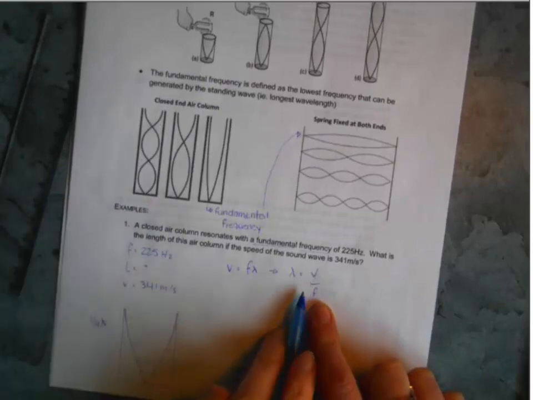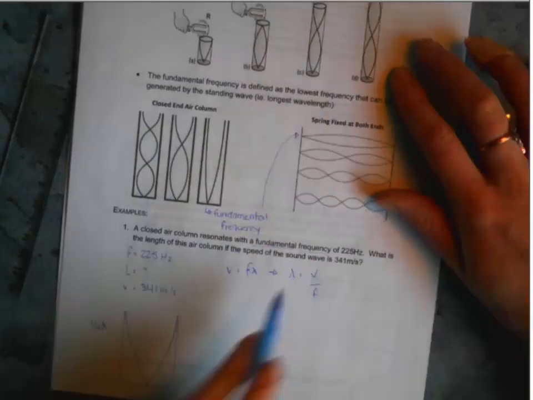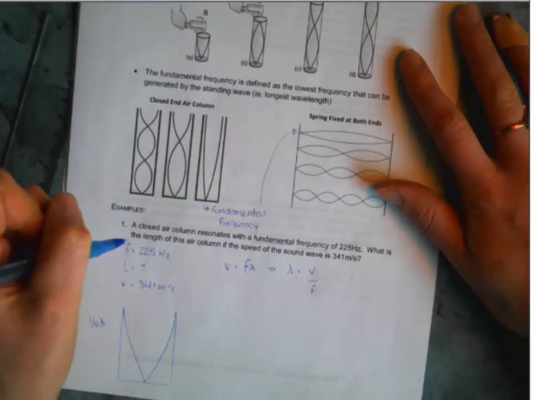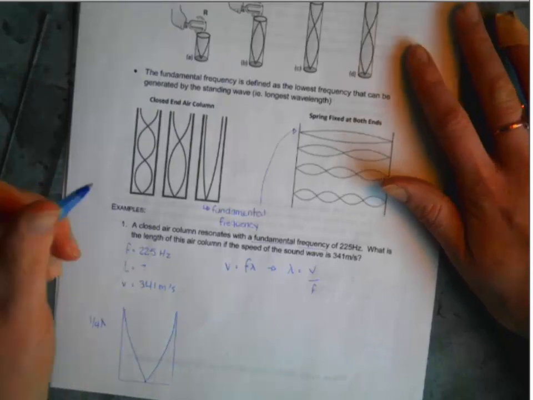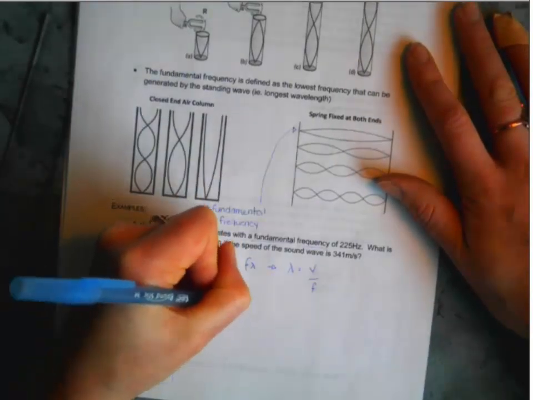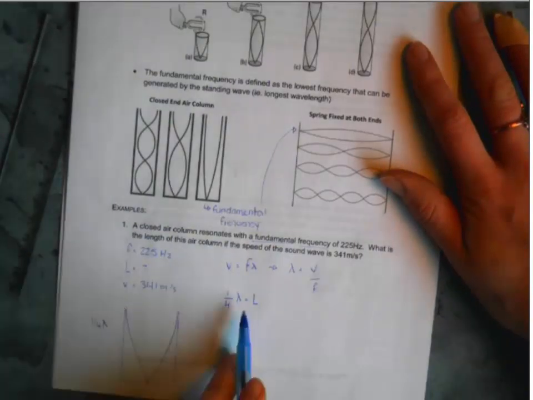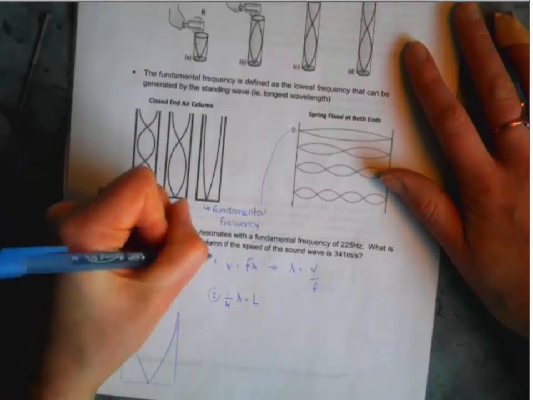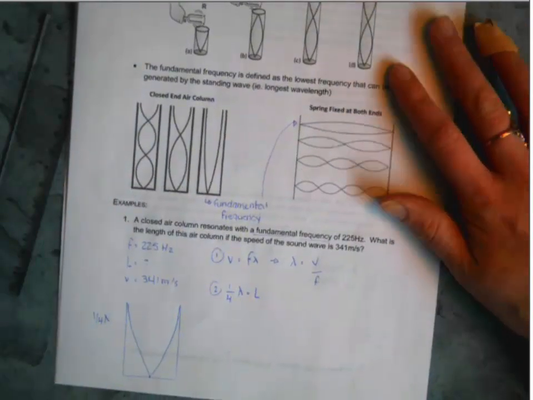Then once we have our wavelength, we can figure out the length of our tube, which is what we just said: 1/4 wavelength is equal to the length of our tube. So this will be our second problem solving step, and this one will be our first problem solving step.